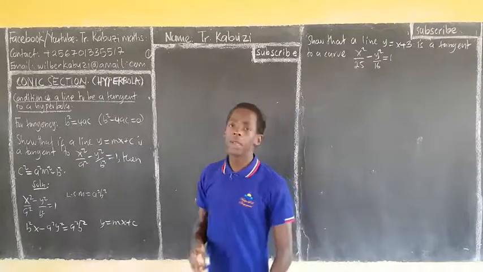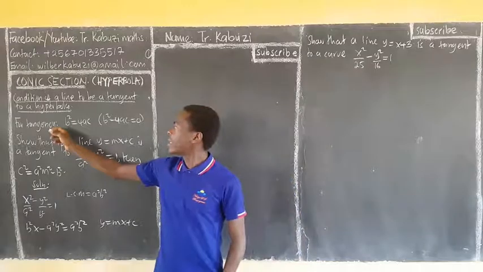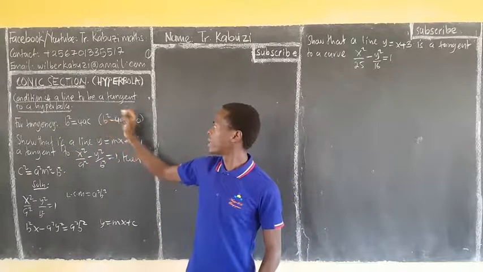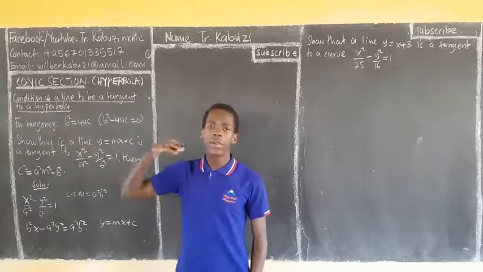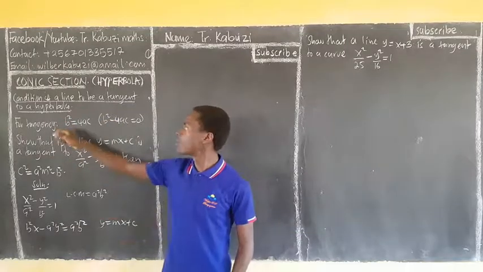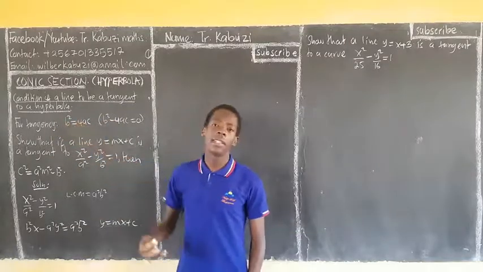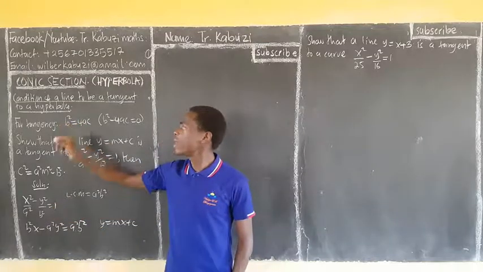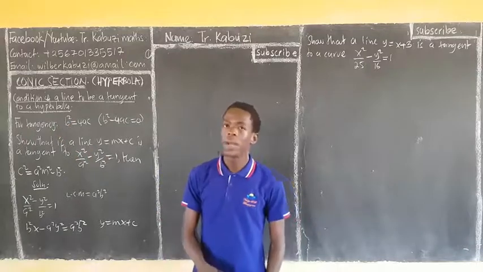So that means the discriminant should be equal to 0. The condition for tangency is b squared equals 4ac. What we need now is to generate a quadratic from here, and we substitute in here to see what we get.